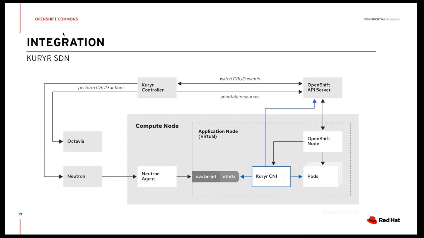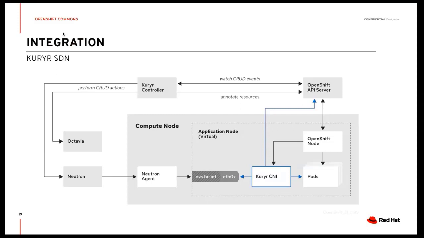When the Kuryr controller pod sees the request for OpenStack network devices, it will first make a call to Neutron to create a virtual interface for the pod that's plugged into the software-defined Neutron network. And then it will also create a load balancer entry for that address and port on the pod if it's exposed.